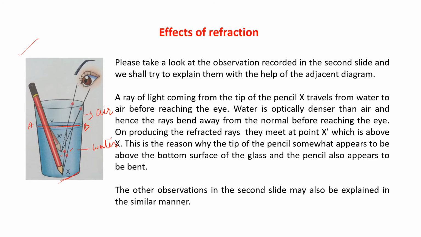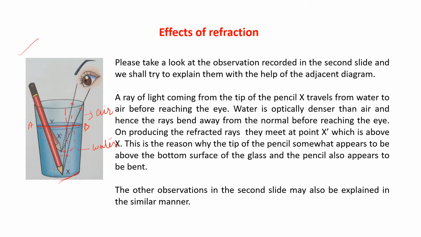So it is going from denser to rarer medium, so it will bend away from the normal. See, here will be the normal. Two normals will be here, one at this point, another at this point. So they are bending away from the normal, and then they are reaching the eyes.